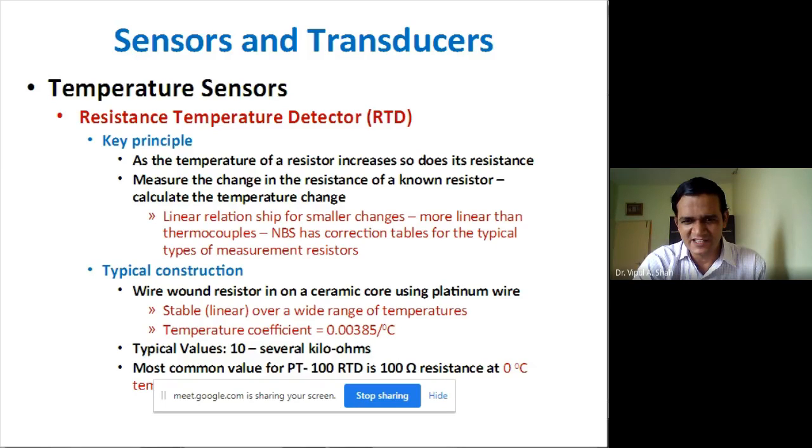Another sensor which we can have in this range is the resistance temperature detector. As the temperature of a resistance increases, so does its resistance. This is the main idea behind the resistance temperature detector, known as RTD. RTD is another temperature sensor within the range of 0 to, say for example, 650 degrees Celsius.